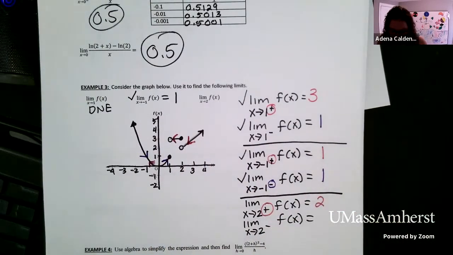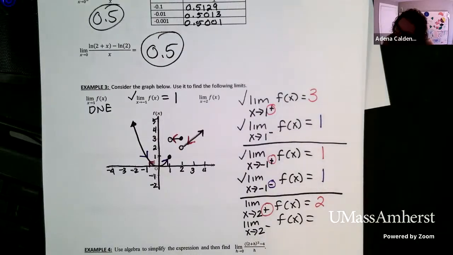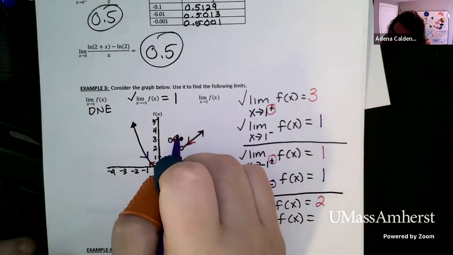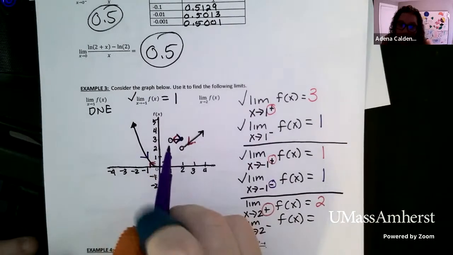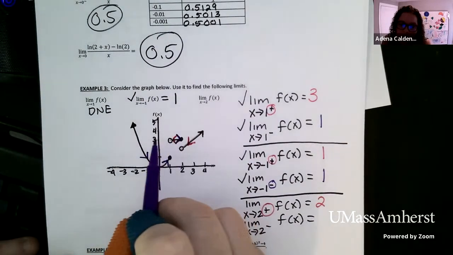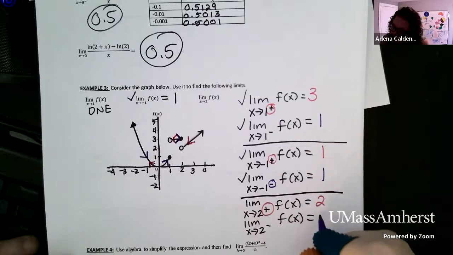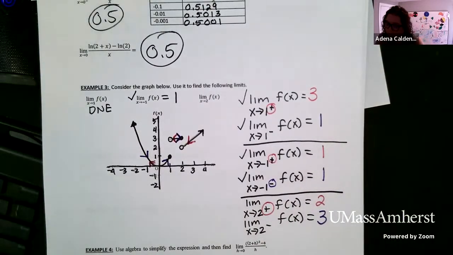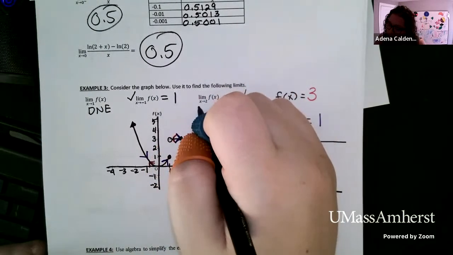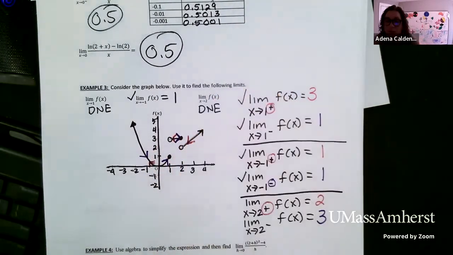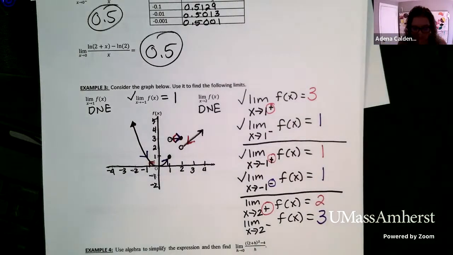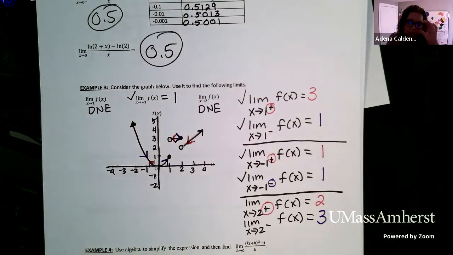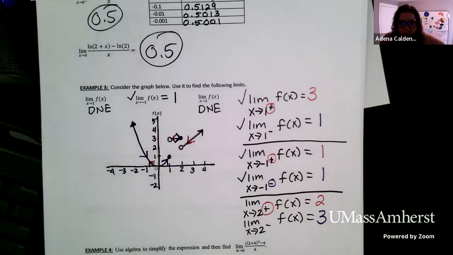When I approach from the left, I notice that I'm on this part of the function up here, going this way. So again, the dependent value is 3. And so again, I see that the left and the right are not the same. So my general limit does not exist. Okay. So those are the cases where does not exist typically comes up.